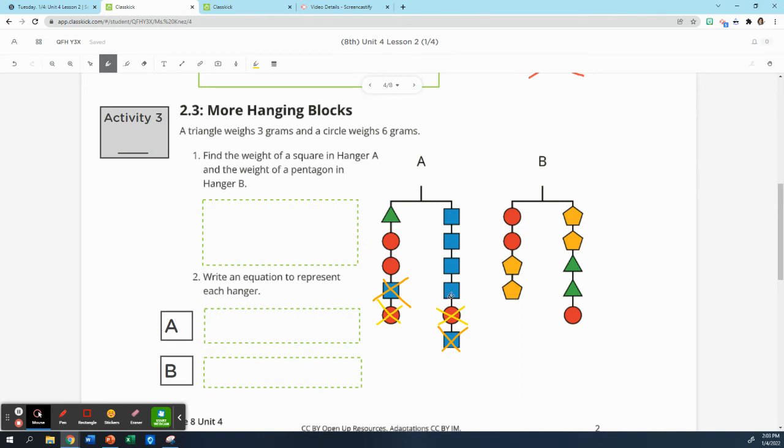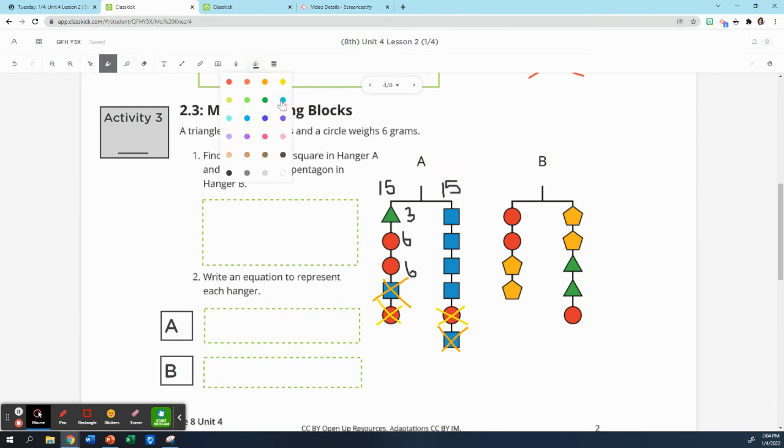And so that means that these 4 squares are equal to 2 circles and a triangle. Well, 2 circles, 6 and 6, and a triangle is 3, which means that in total, this side is 15. And again, it's 15 after eliminating these 2 shapes, but it's 15 nonetheless. And this other side is 15 as well.